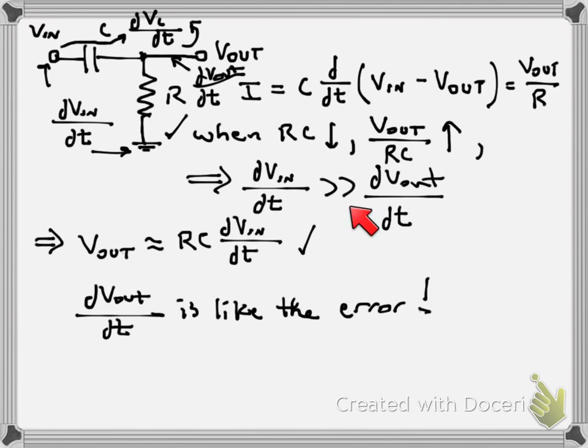So again, if that dV out dt is small, then my dV in dt is very close to dV cap dt. And that is about all I need to say about that.